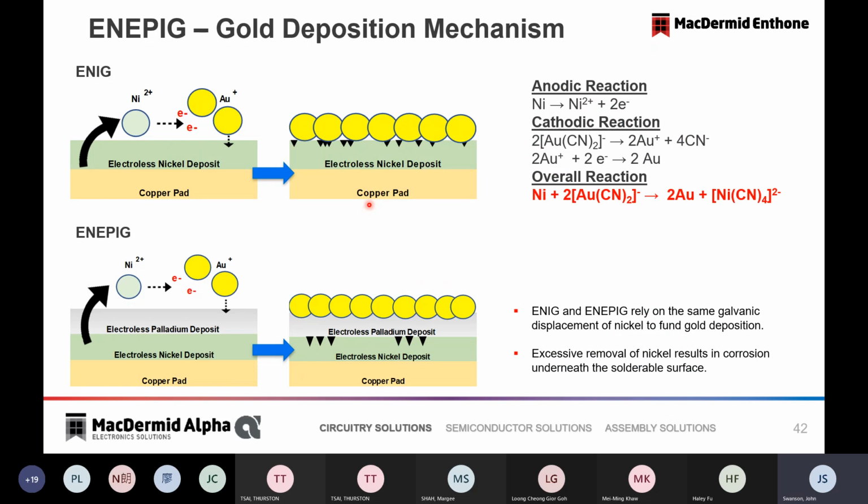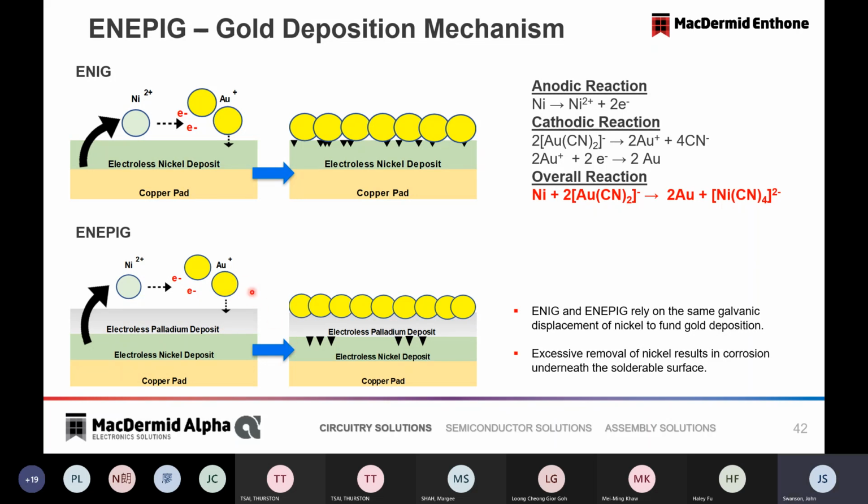The gold reaction, the gold displacement, the gold immersion, is really almost the same for both ENIG and ENEPIG. In reality, it is common to think that the palladium is a barrier between the gold and the nickel, but it's important to realize that the palladium is quite thin, and much of the reaction of the gold really is occurring with the nickel.